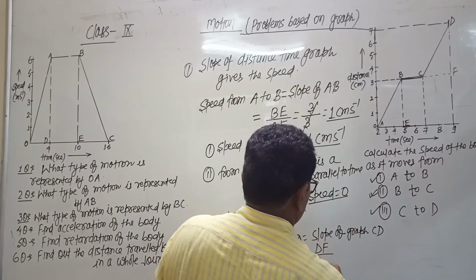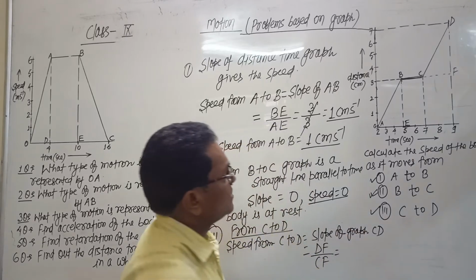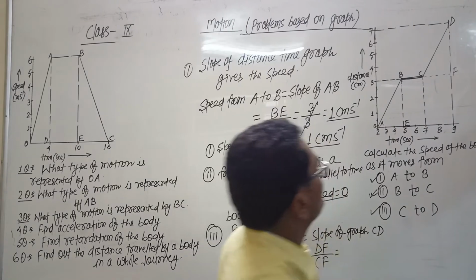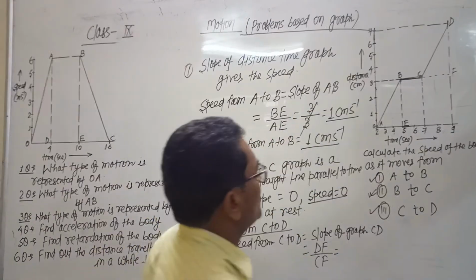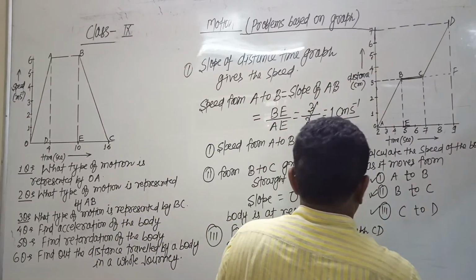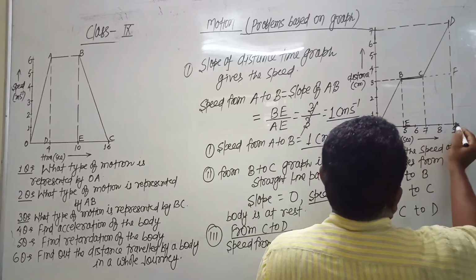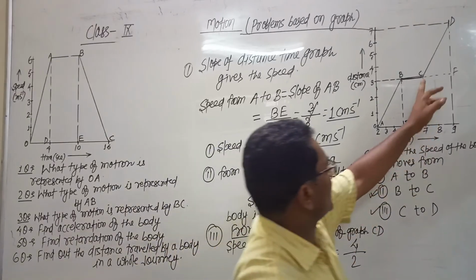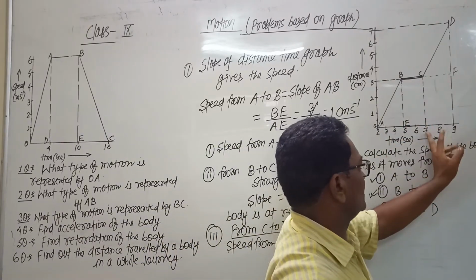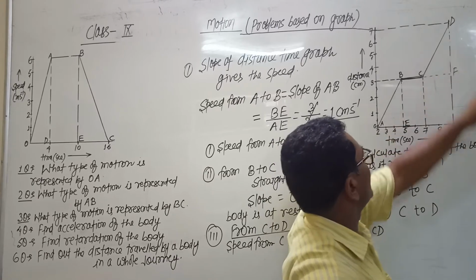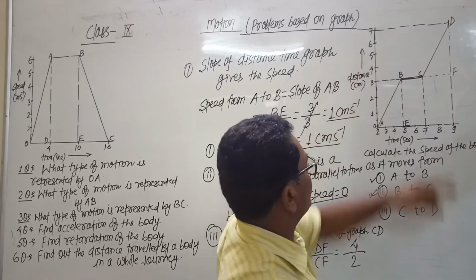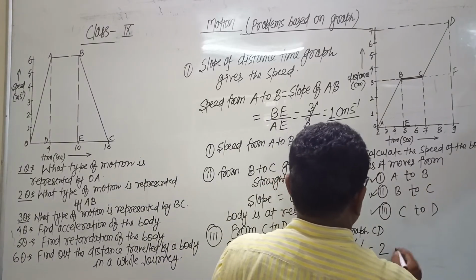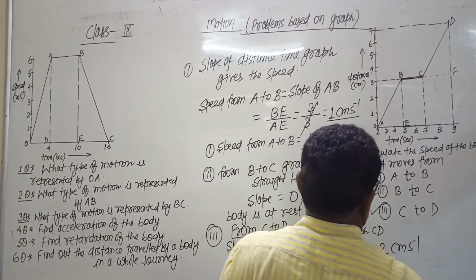The value of DF, from 3 to 7, is a gap of 4 centimeters. And CF, from 7 to 9, is a gap of 2 seconds. So it comes to be 2 centimeters per second.